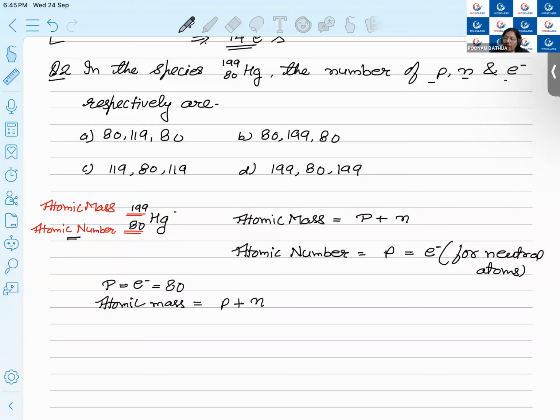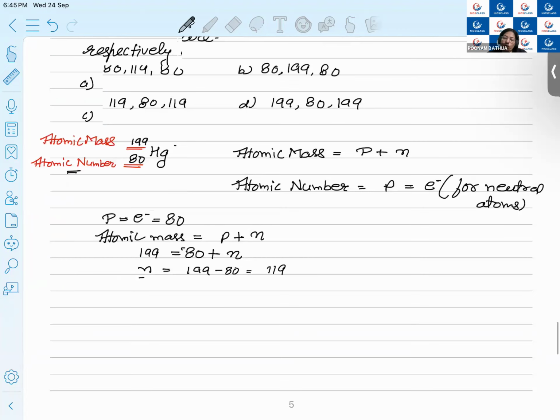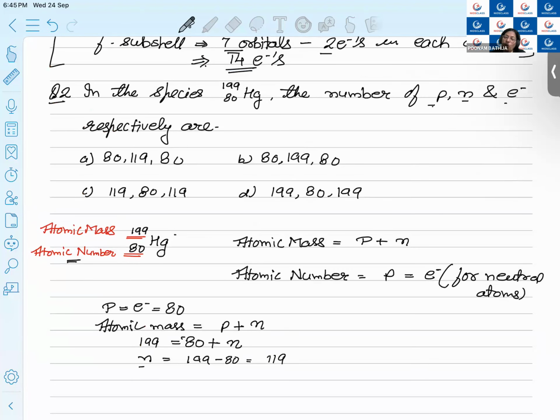And what is atomic mass? 199. That is already given. What is the number of protons? That is 80 plus neutron. Okay, so find out the number of neutron. 199 minus 80. You will get 119.